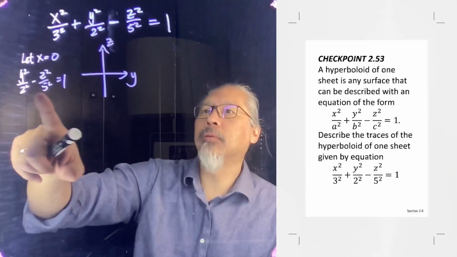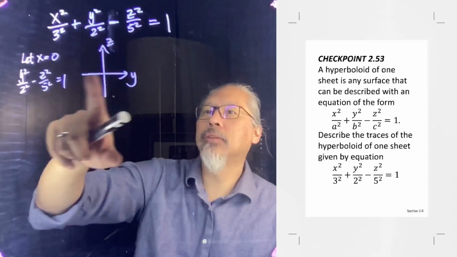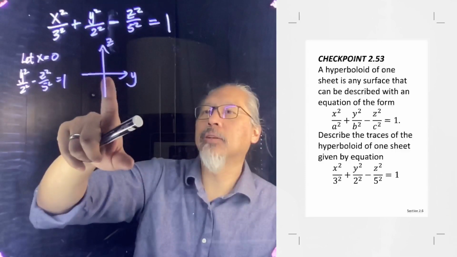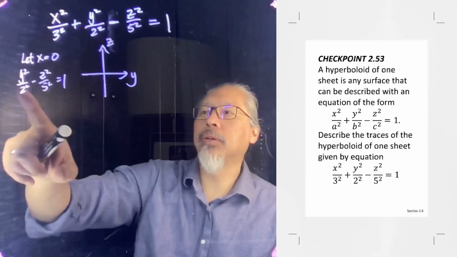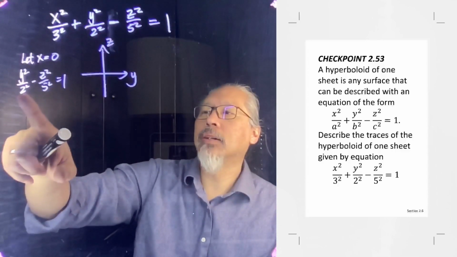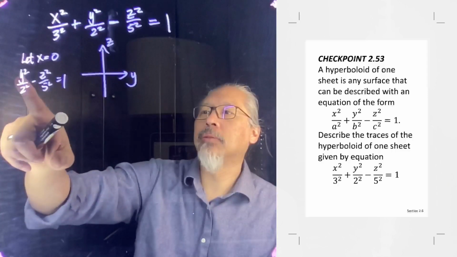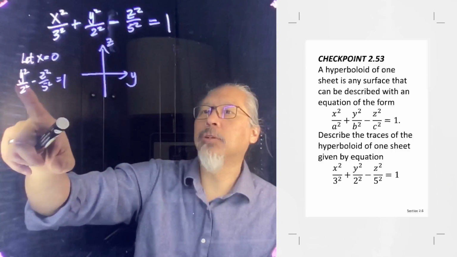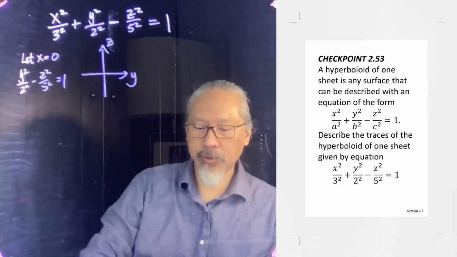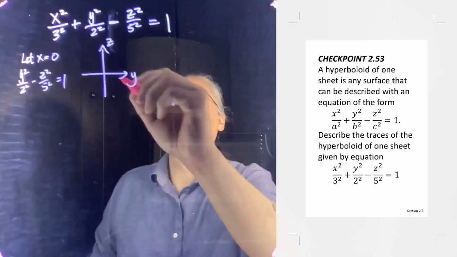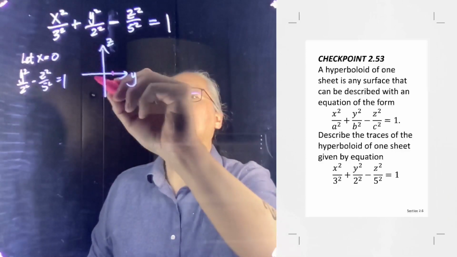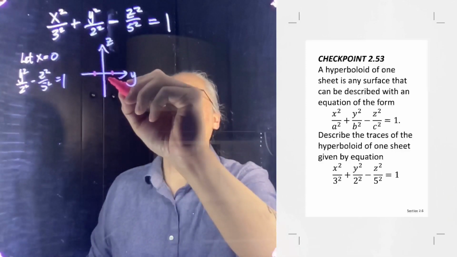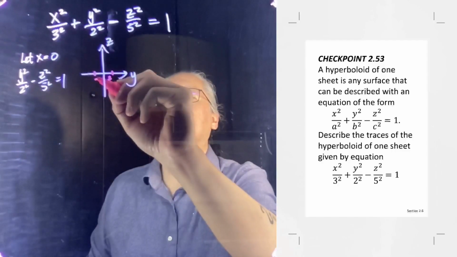I think when y is equal to 0, there's nothing there. So when z is equal to 0, y is equal to plus and minus 2. Let's label this as 2, negative 2.